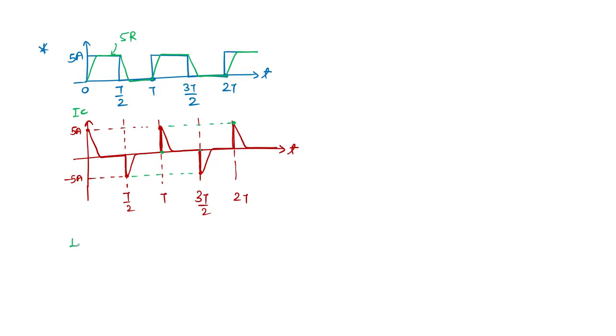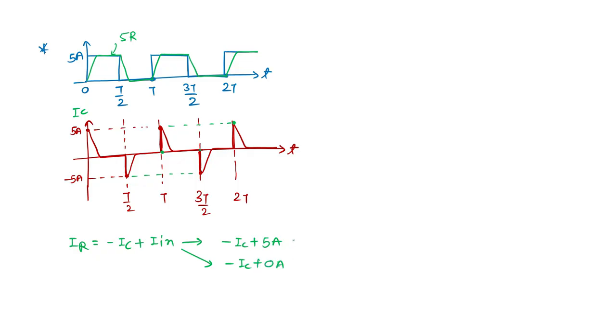And what to speak of the resistive current? I have seen that it is nothing but -IC plus IN, where my input is applied. So it comes to be -IC plus 5 ampere and -IC plus 0 ampere.